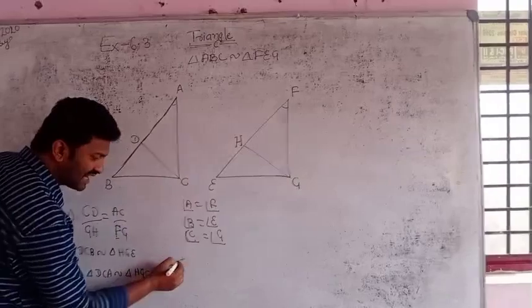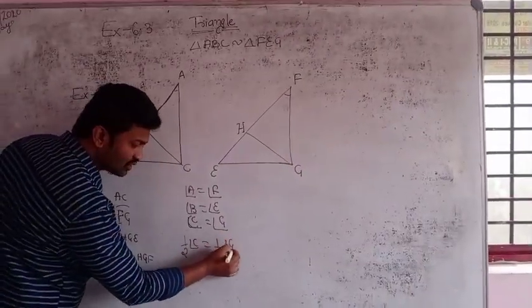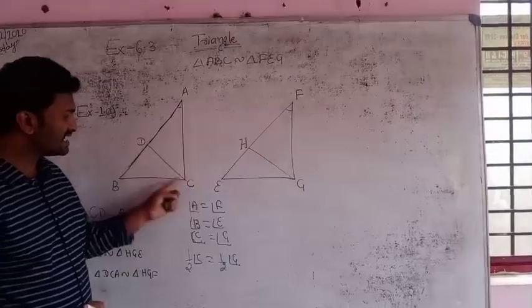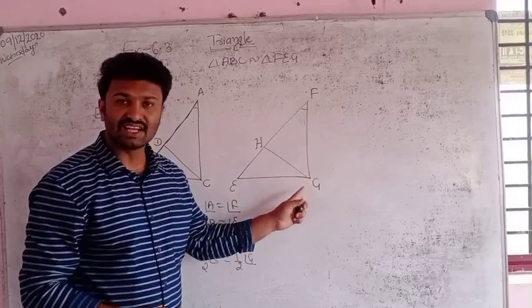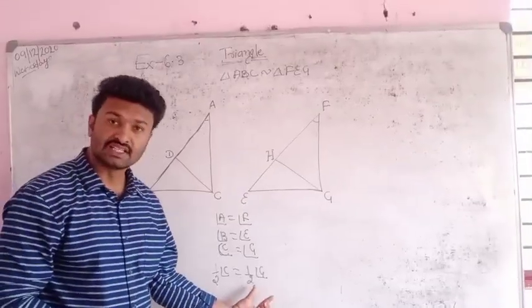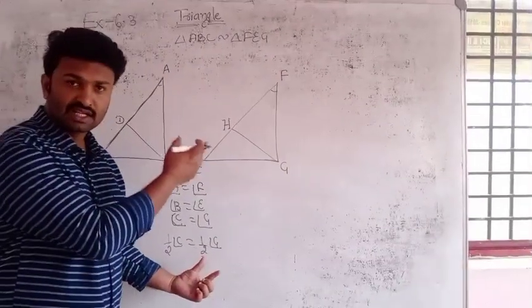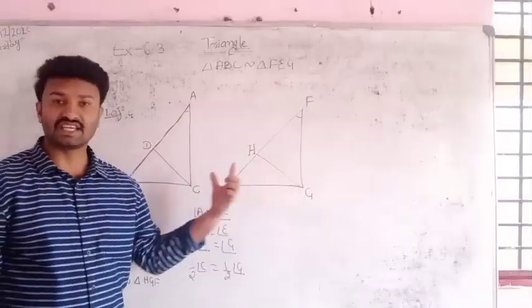Also, half of angle C equals half of angle G. Why? CD is a bisector of angle C, and HG is a bisector of angle G. We can write half of angle C equals half of angle G, in the corresponding similar triangles ABC and EFG.